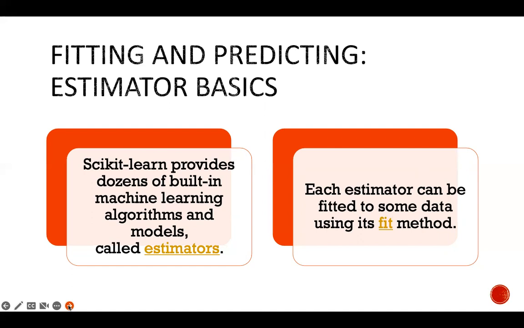The fit method is used for training on the data. So basically, when you use a fit method in Scikit-learn, you will be constructing a model out of the training data.